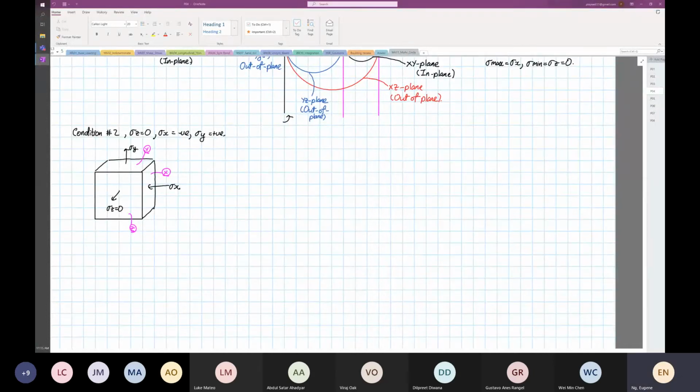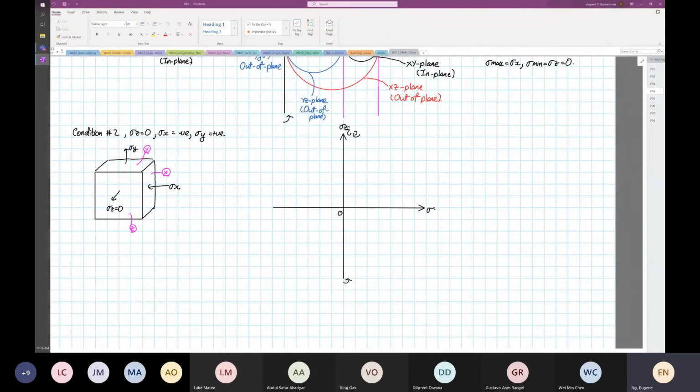So this is our normal stress line. Then we have our shearing stress, element rotating clockwise, counterclockwise, 0. This is also our stress Z line.